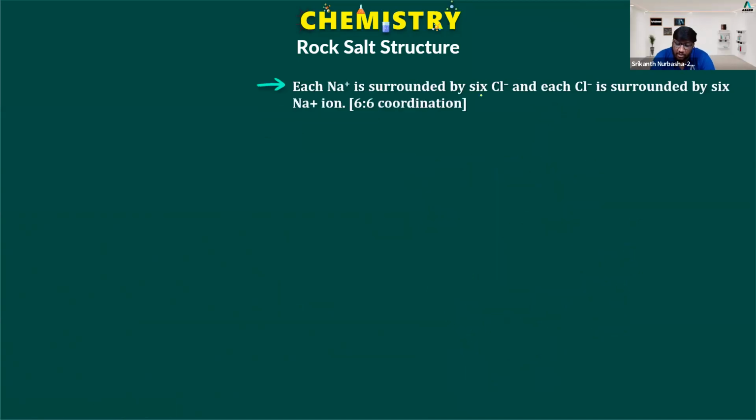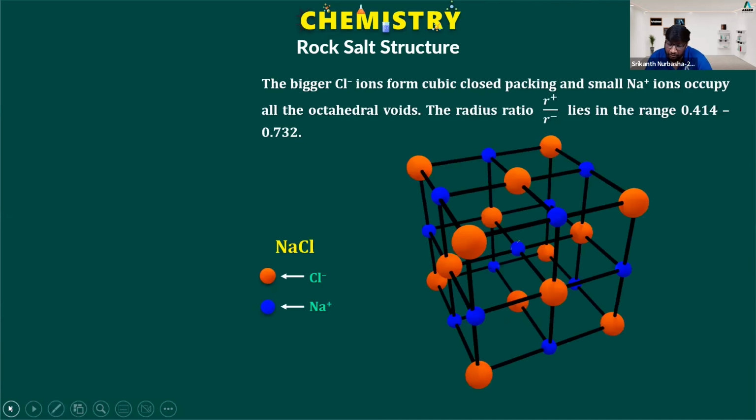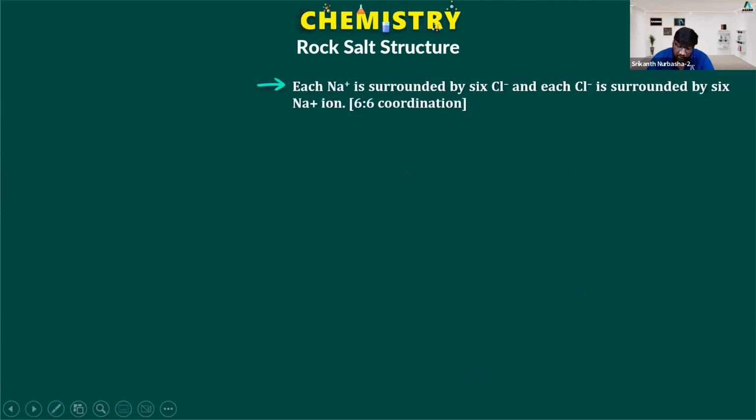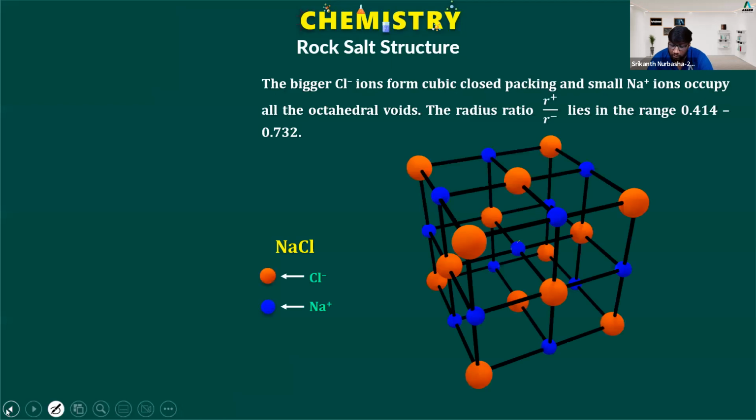Each Na plus is surrounded by 6 chloride ions. Look at the structure now. Look at every Na plus. Each Na plus is surrounded by 6 chloride ions, and each chloride is surrounded by 6 Na plus. Look at any chloride, like I am talking about this chloride. It is surrounded by this Na plus, this one, and this one.